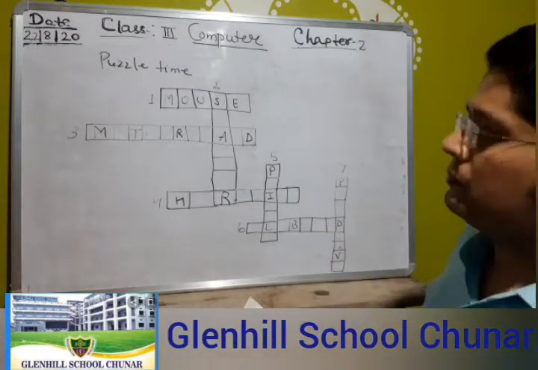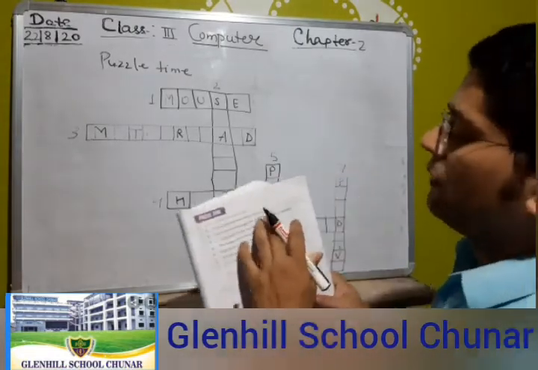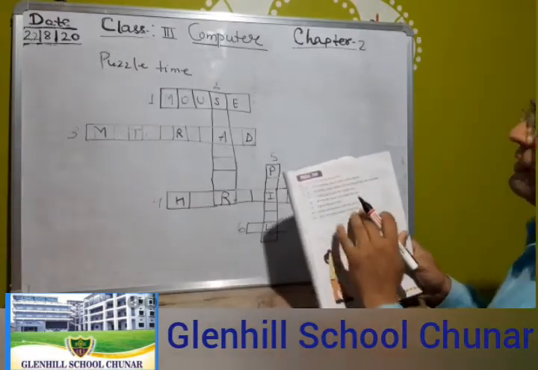The word is completed. First question, it is a pointing device used to select an object. So the answer is mouse.